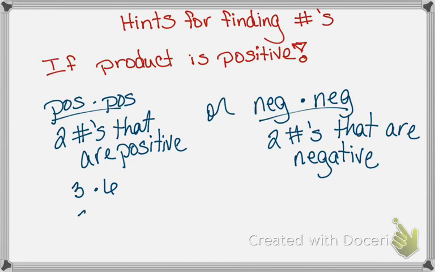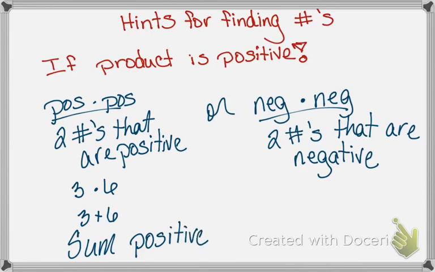When I add those two numbers together, what kind of number am I going to get? A positive number. Okay? So my sum in this situation is also positive. Now, for the other situation where I've got two numbers that are negative, let's say I've got -3 and -6.